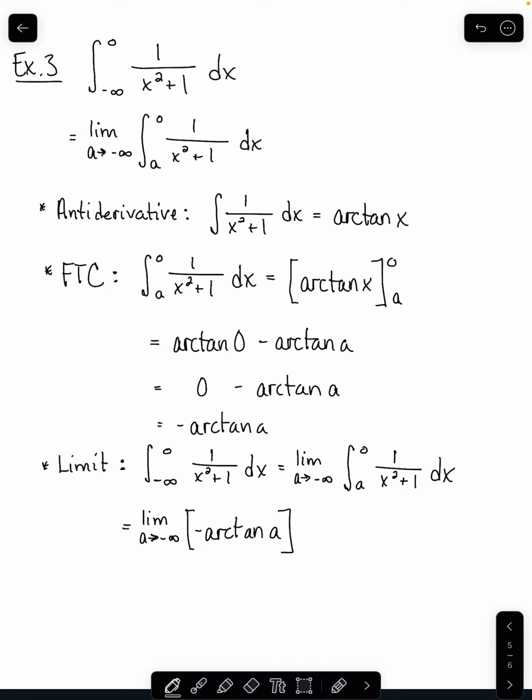The arctangent function, remember that it is the inverse of the tangent function. On the left side, arctangent has a horizontal asymptote at negative pi over 2.